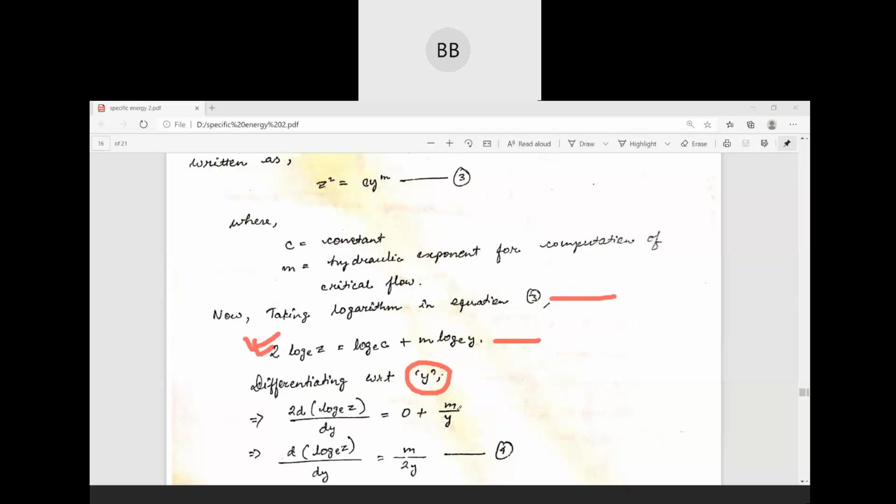That is why it will be M by y. So this is 0, so we can write directly M by 2y. Consider this as equation number 4.